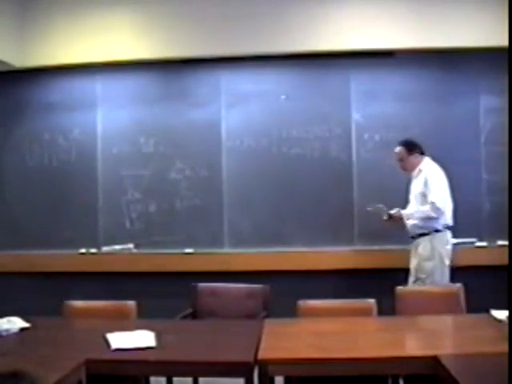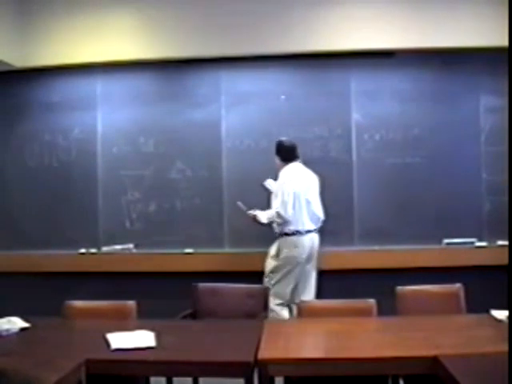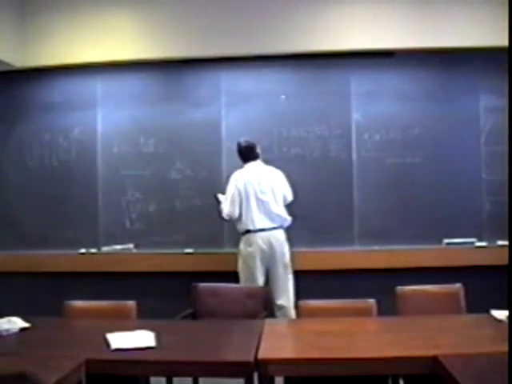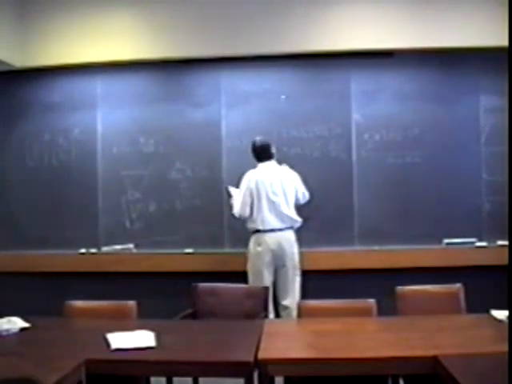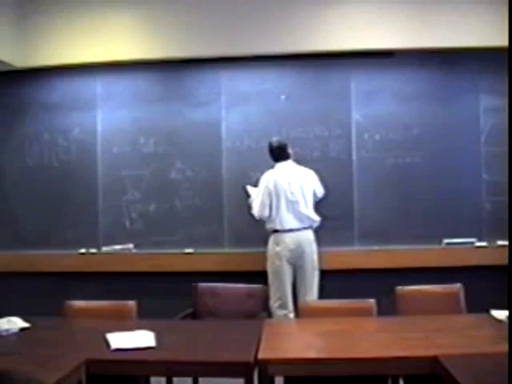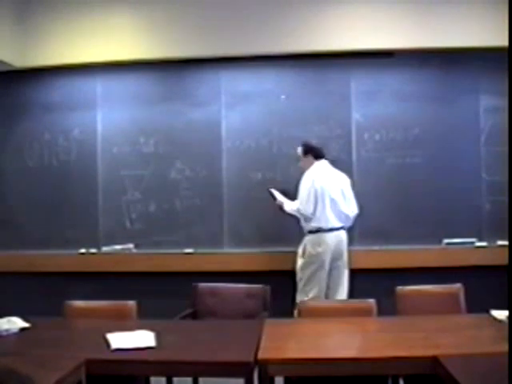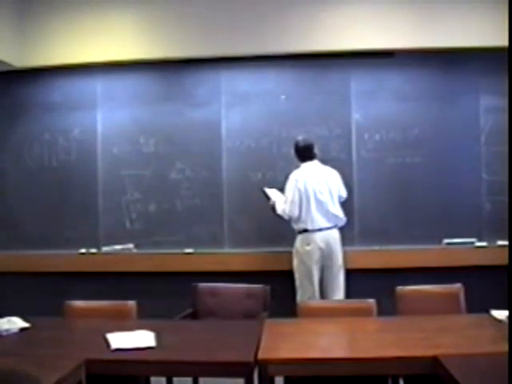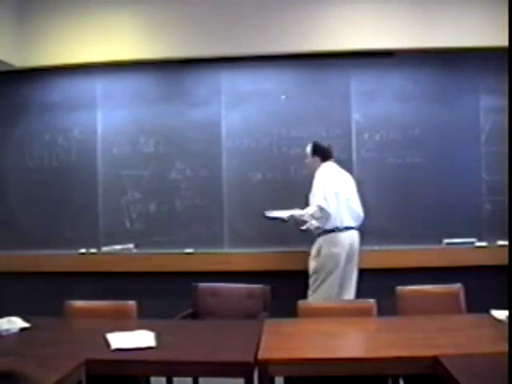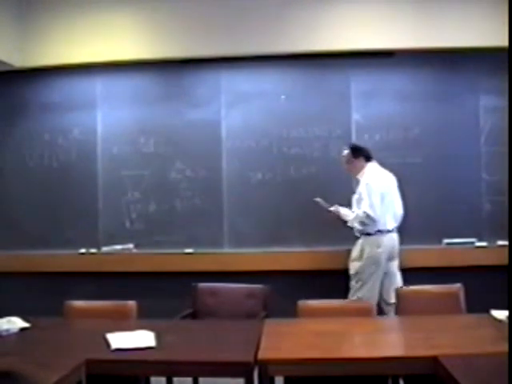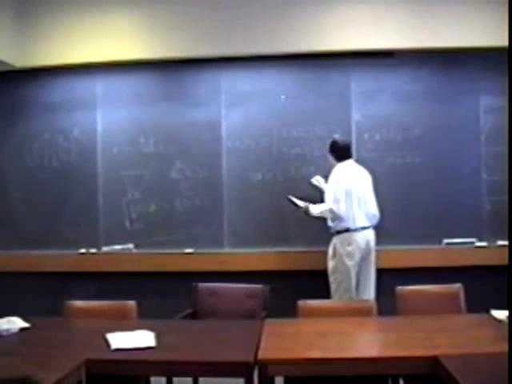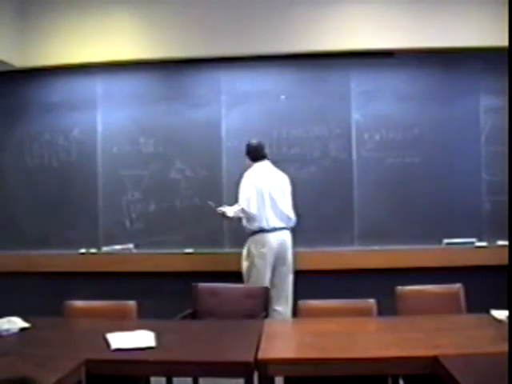Okay, and so we have psi of E, which is needed because the argument of an Airy function is a little bit strange, but this is the phase factor.